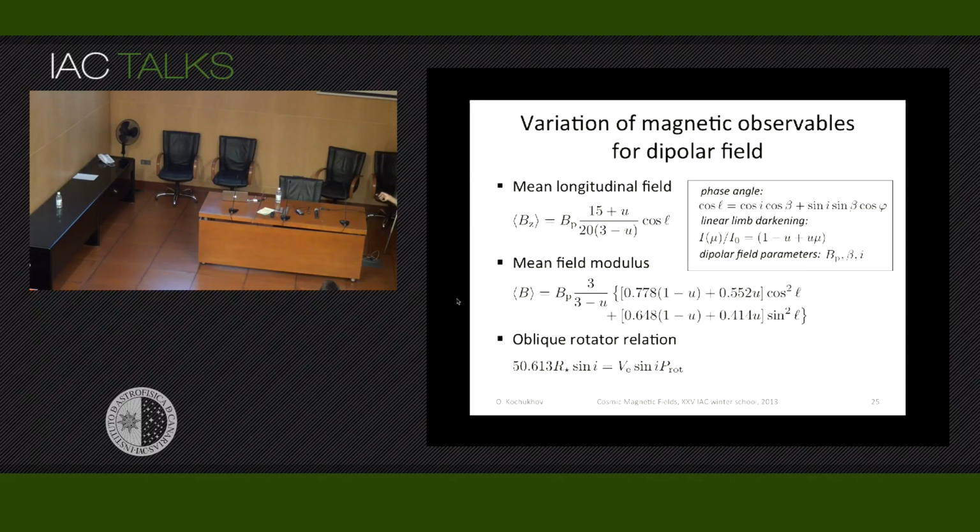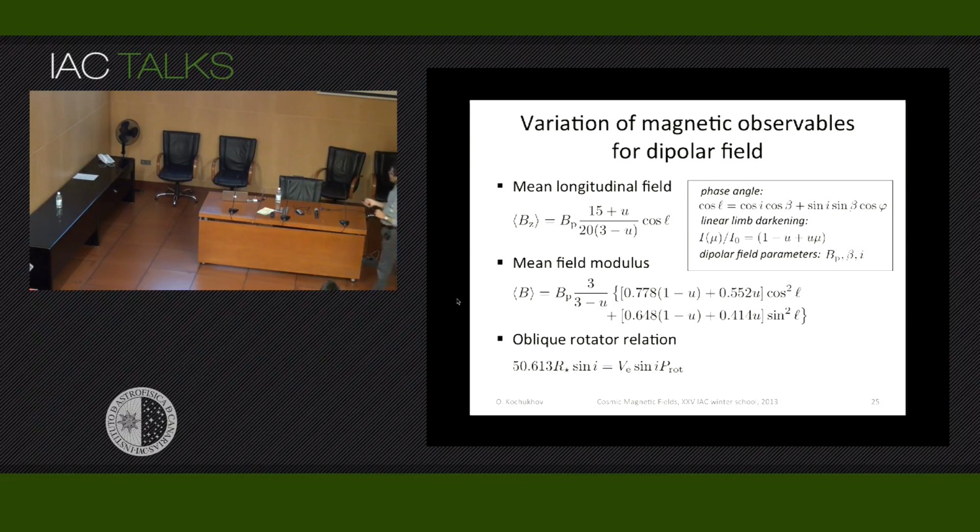So very simple formulas. You can just measure BZ and then fit BZ variation with these formulas and get out field strength, the inclination of the field, and even the obliquity of the field and inclination angle of the star.